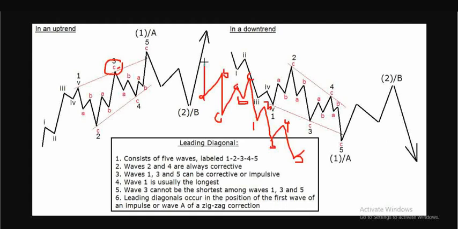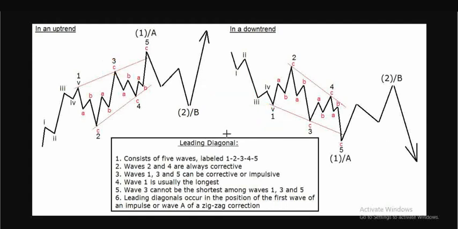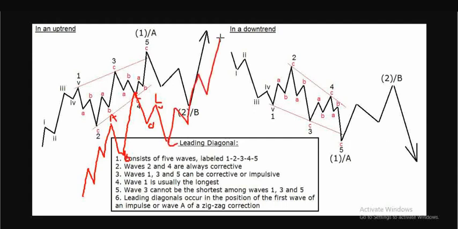In the situation of an uptrend, we could expect that a leading diagonal could appear in the very first wave, which is wave A, and then we can expect this to continue as a B, and then the C.